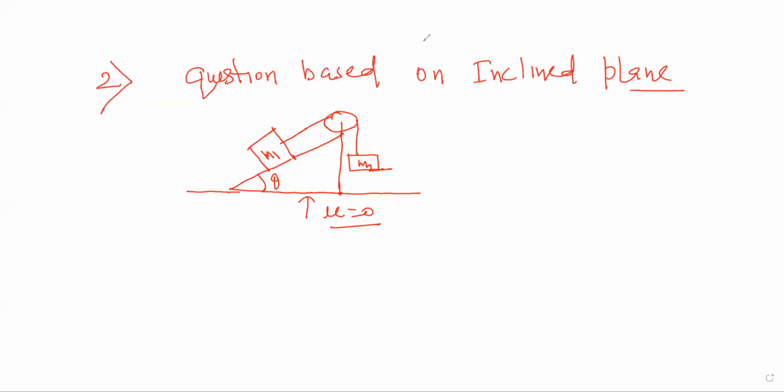So what steps will we follow? First and foremost, we will draw the free body diagram of m2. m2g is acting vertically downward and tension is acting vertically upward at this point.